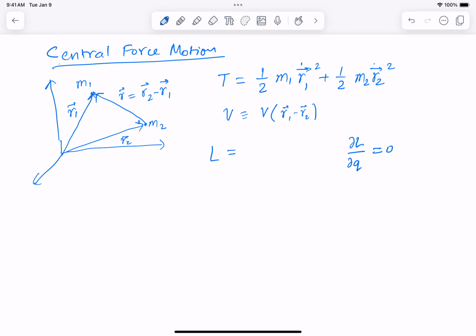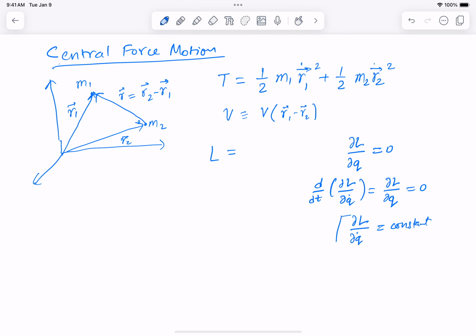And if you use your Euler-Lagrange formulation, which says that d by dt of del L by del Q dot equals del L by del Q, that's our Euler-Lagrange equation. And if del L by del Q equals 0, then d by dt of del L by del Q dot is going to be 0, which means that del L by del Q dot is going to be a constant.